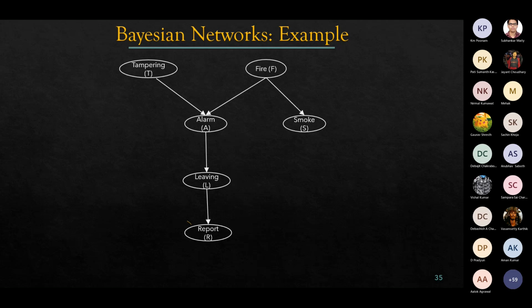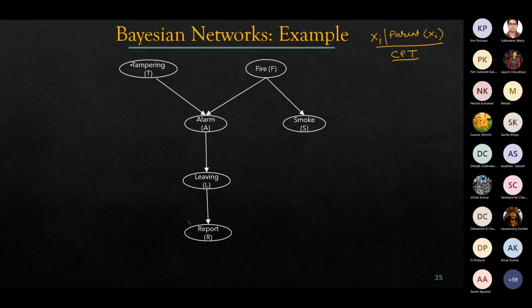Now try to see what the conditional probability tables look like. As we have mentioned earlier, with every node we will be associating a term Xi given parents of Xi, and we do that with a table which we call a conditional probability table, or CPT.